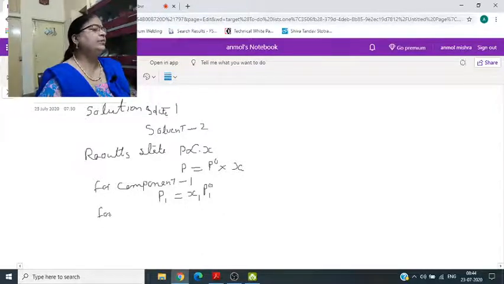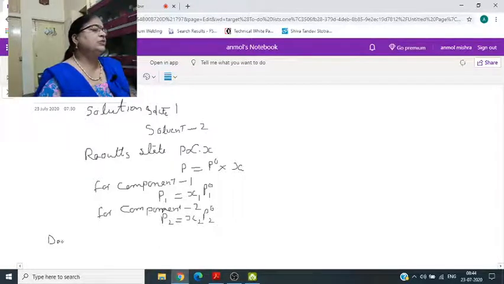For component 2, P2 will be equal to X2 into P02.